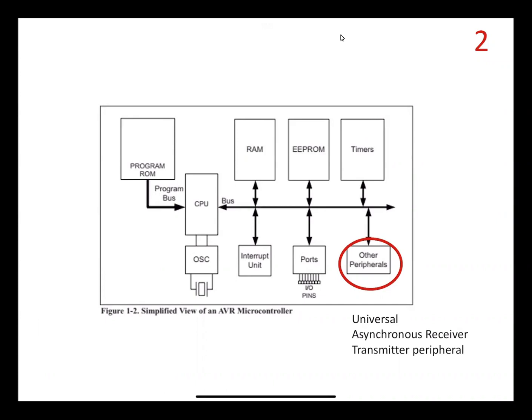AVR is the processor that's inside that, and then the difference between the different AVR chips, the Atmega 328P and the others, has to do with the size and the capabilities of these and the numbers of these various peripherals. And so we talked about the I/O ports the past couple weeks, and now we're going to be looking at some of the other peripherals, namely this thing called the UART.